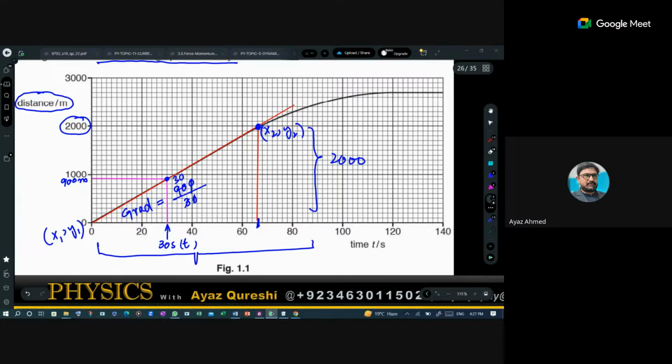And if I find the gradient of this one, its rise is 2000 and run is 62, 64, 66. Please calculate this one.